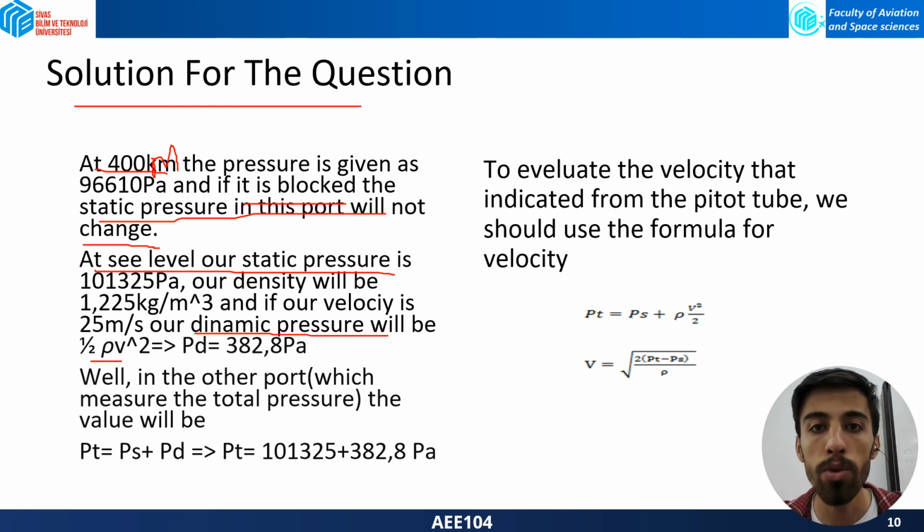If our velocity is 25 meter over second, our dynamic pressure will be evaluated with 1 over 2 rho v square. If you do the calculation, you will get that dynamic pressure is 282.8 Pascal. It's the dynamic pressure at the diaphragm, while the other port, which measures the total pressure, will have the value P total equal P static plus P dynamic.